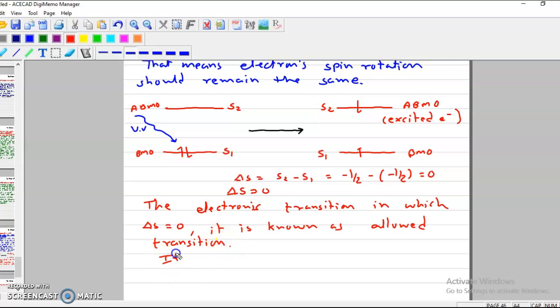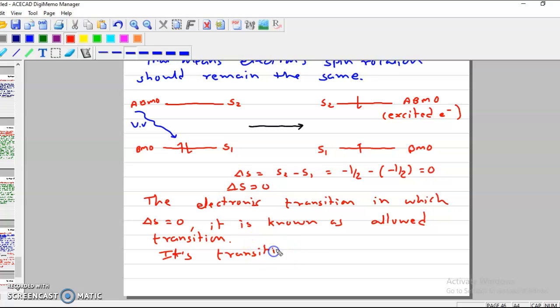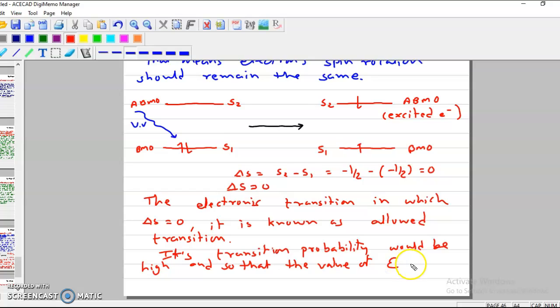Its transition probability would be high, and so the value of epsilon would also be high.